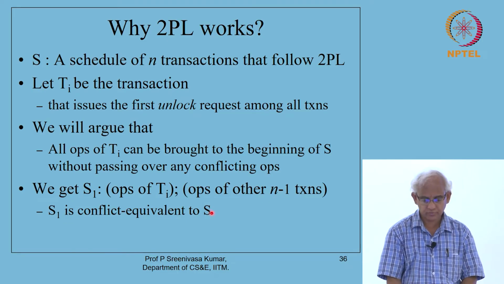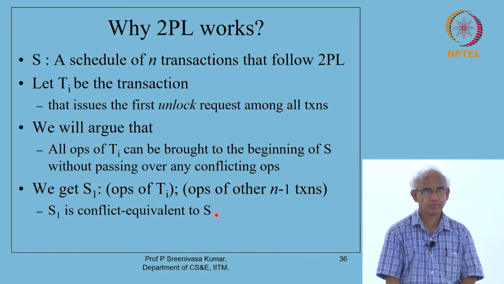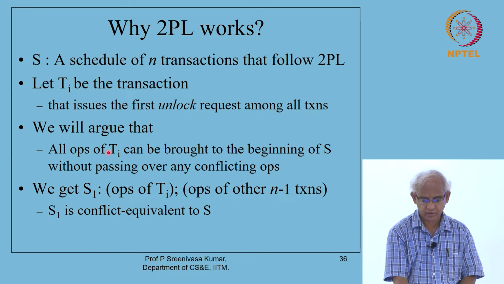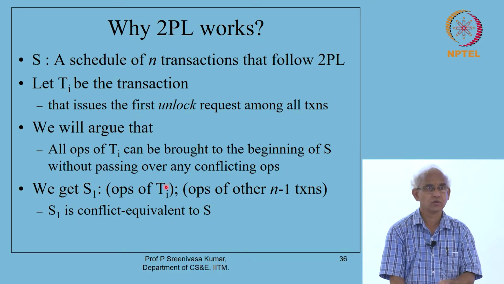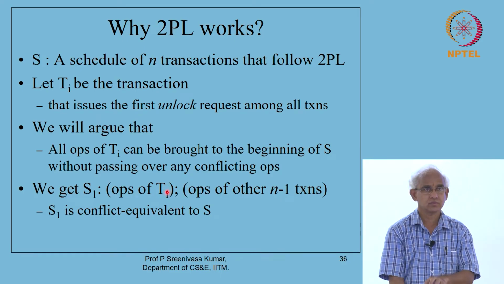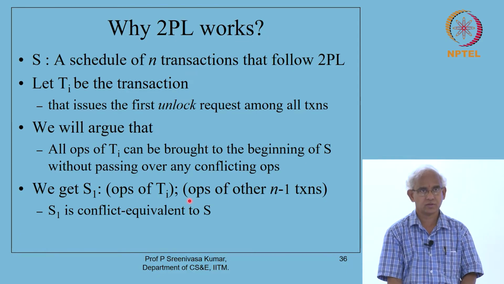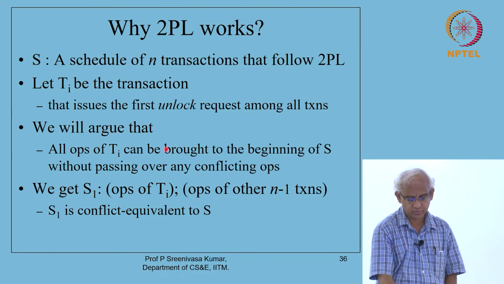And S1 is conflict equivalent to S, because, as I told you, we are able to bring the operations of Ti to the beginning of the schedule without passing over conflicting operations. So because of that, this S1 will be conflict equivalent to S.